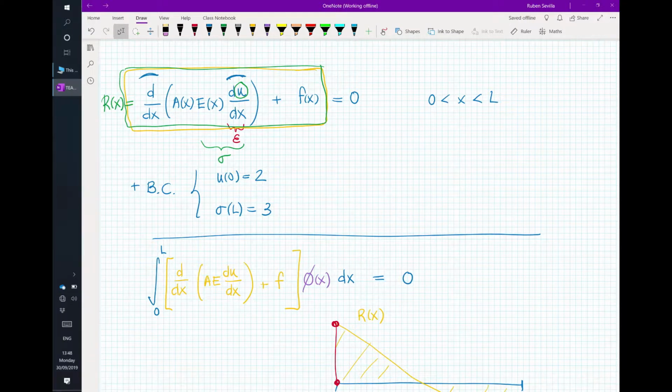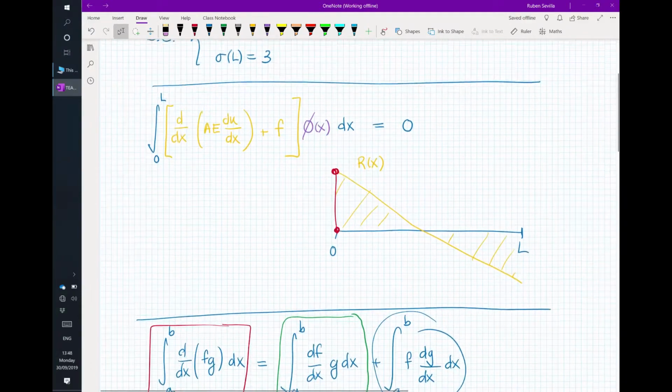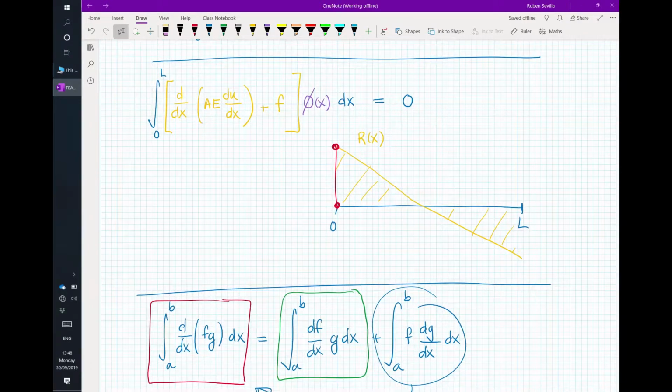We are after a displacement that when we plug it into this expression, so you give me a displacement, I compute the internal forces with this displacement, and they are in equilibrium with the external forces at every single point. That was my original objective. And I thought, this is too difficult, sometimes impossible. I'm going to do it on average. Okay? And this is why we introduced the integral form.